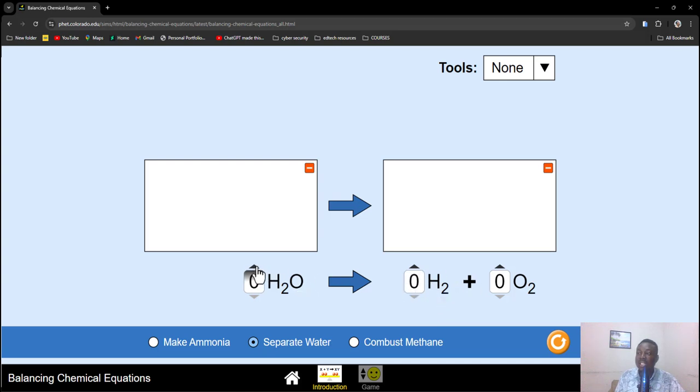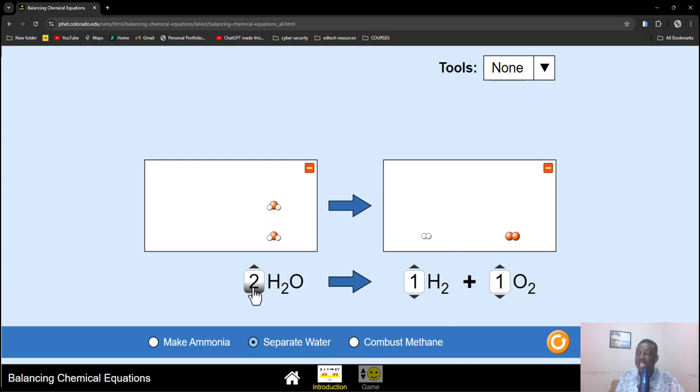So we can actually click this, and you can see we now have 1 hydrogen, 2 oxygens. So let's say we want 2 oxygens at this side too. So when I click this, I have my 2 oxygens, but you can see here 2 hydrogens already here. So how do I get my oxygen and hydrogen to balance?